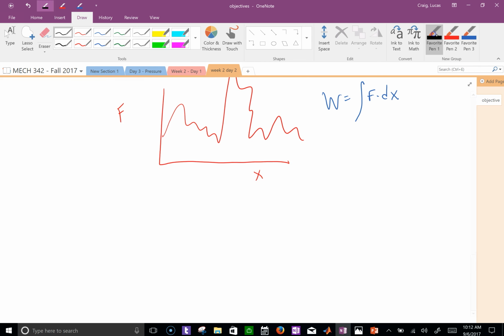Okay, so let's look at the piston a little bit more to help you identify positive and negative work. So here, the piston is moving to the right.